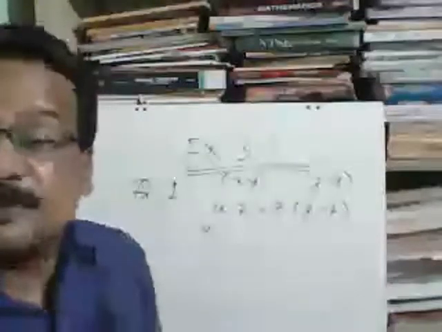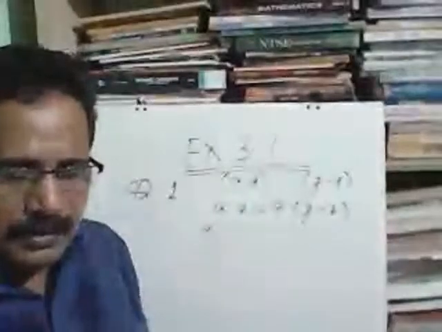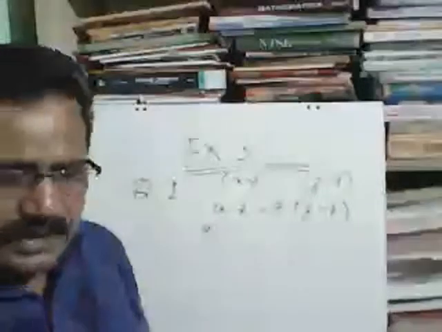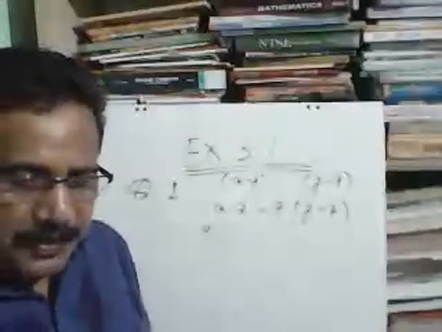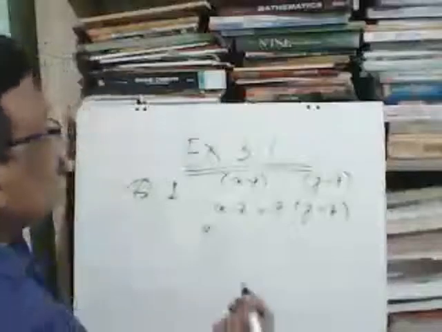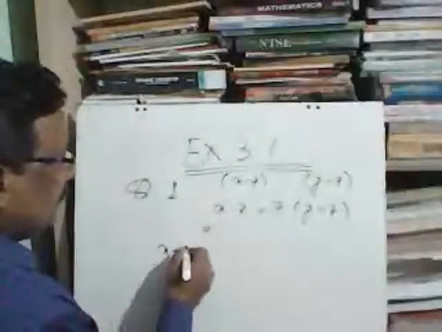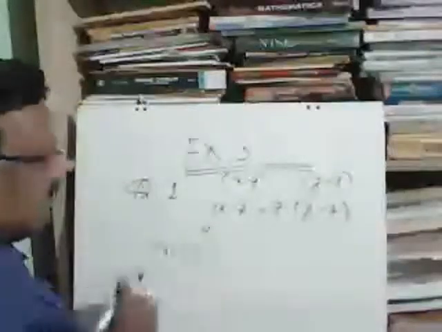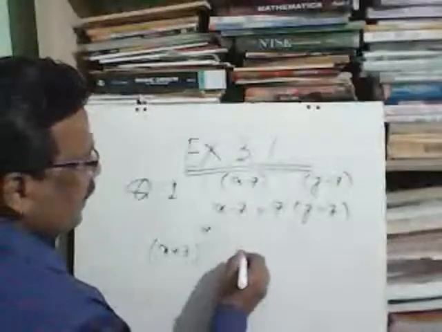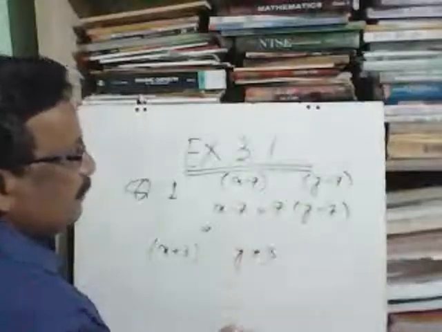For the second situation, 3 years from now, or 3 years hence, means after 3 years. After 3 years, Aftab's age will be x plus 3 and the daughter's age will be y plus 3.